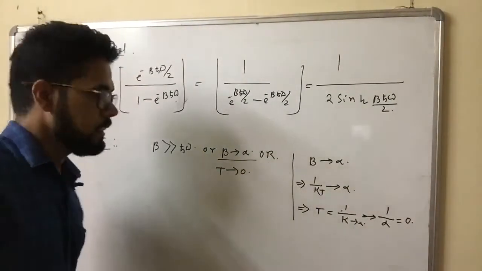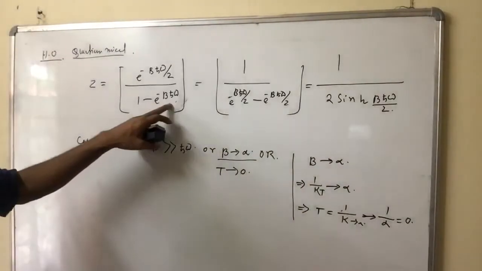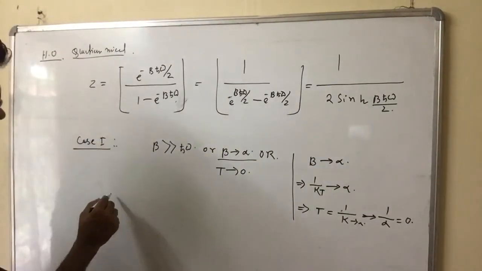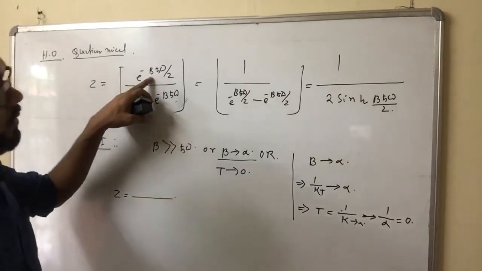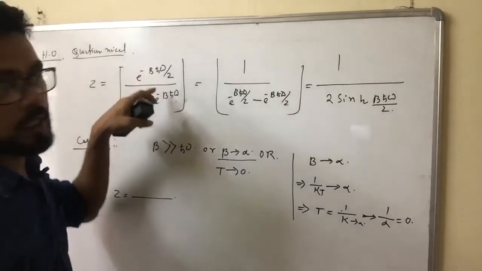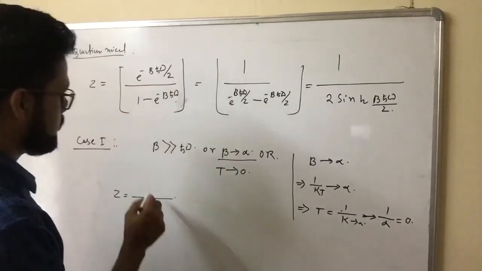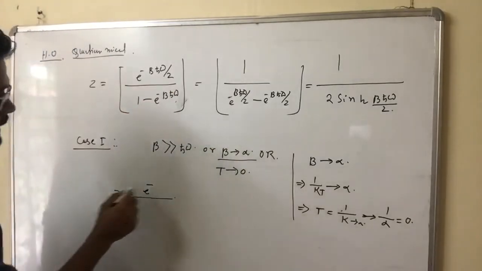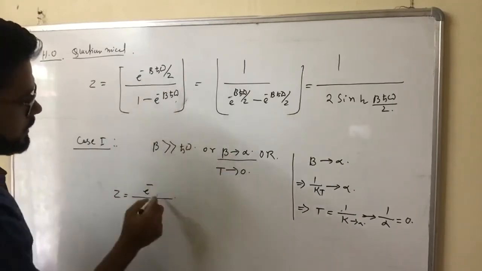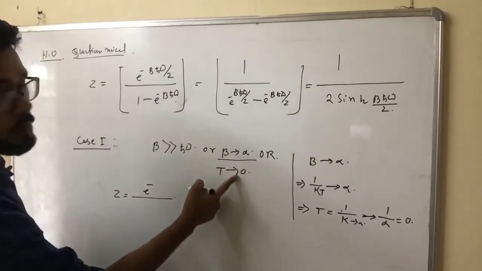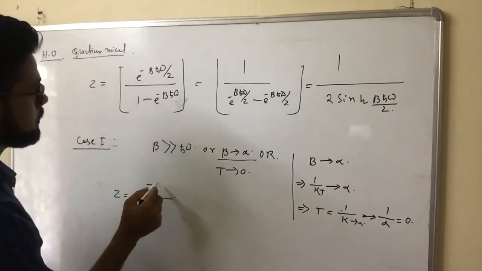Clear? So if beta tends to infinity, or T tends to 0, beta means 1 by kT. Okay, then what happens under this condition? E to the power beta, beta is infinity. You can put this value, it will give the same value.